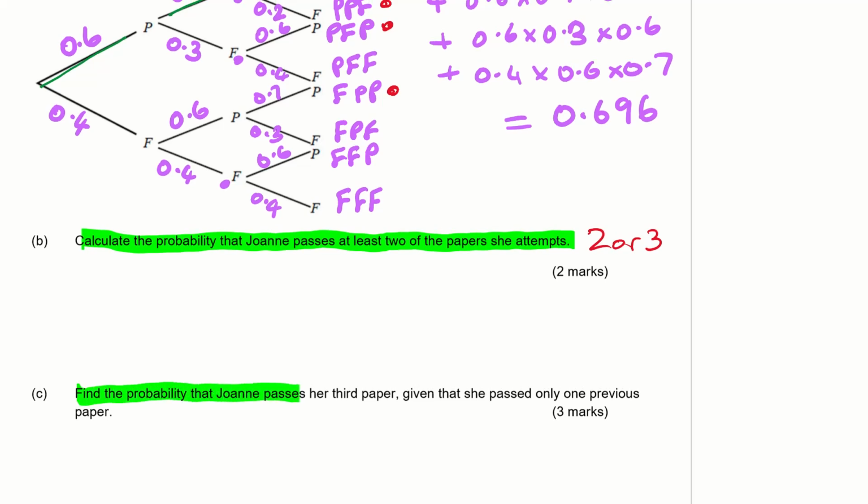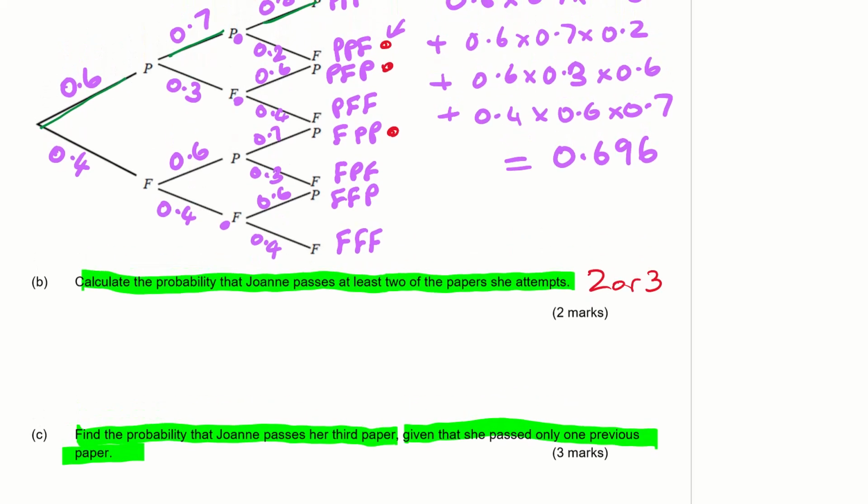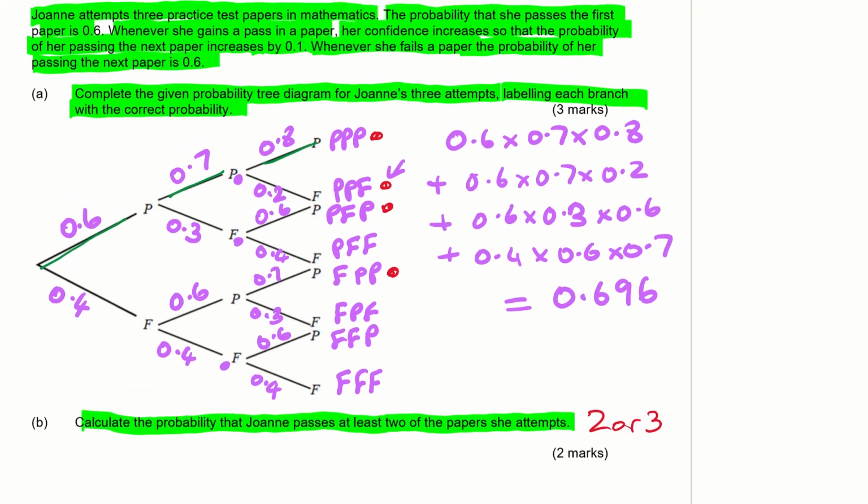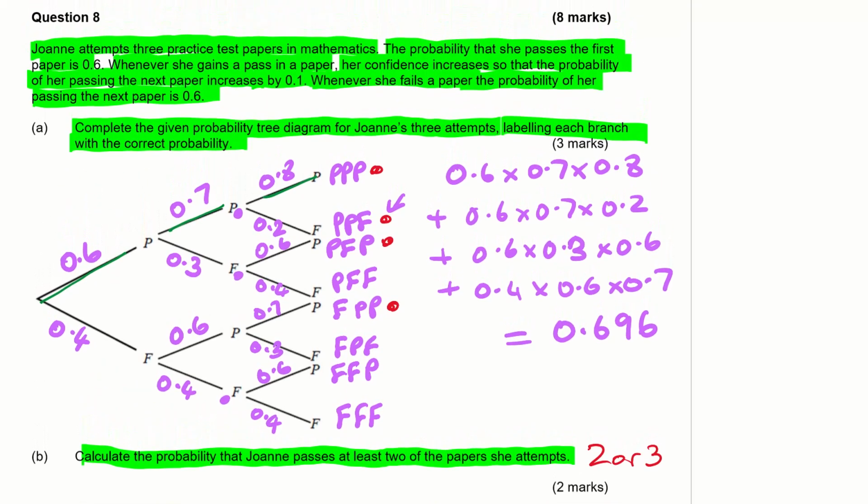Find the probability that Joanne passes her third paper, given that she passed only 1 previous paper. Okay, so that's a given.